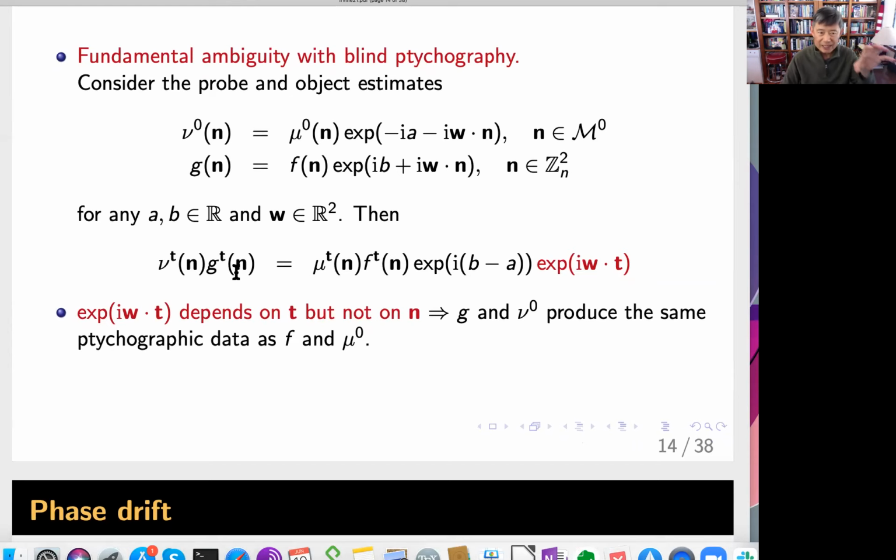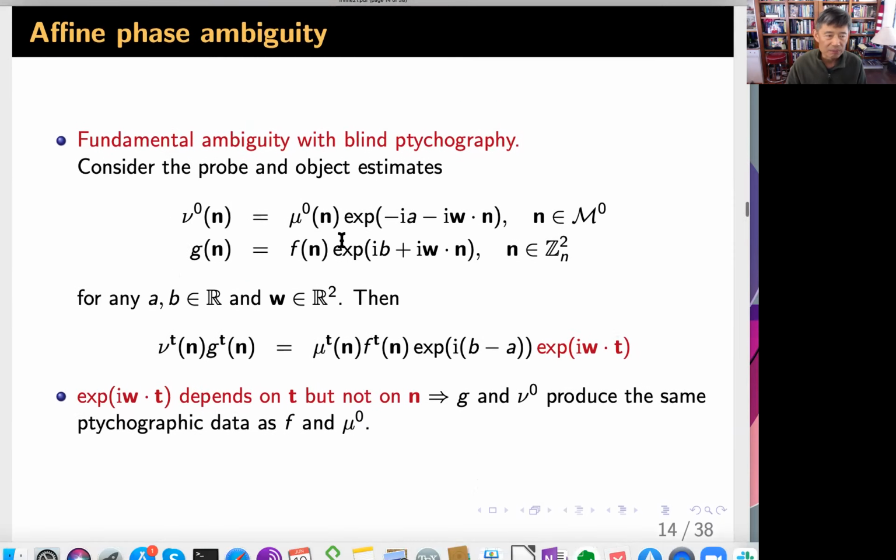So for that particular diffraction pattern, this acts as a constant phase, meaning that this will have the same diffraction pattern as that. However, this phase is different from that phase because, even though it's constant for t fixed, it depends on t. So as t changes, this phase also changes, a kind of arithmetic progression with respect to t. And this is what people refer to as affine phase ambiguity.